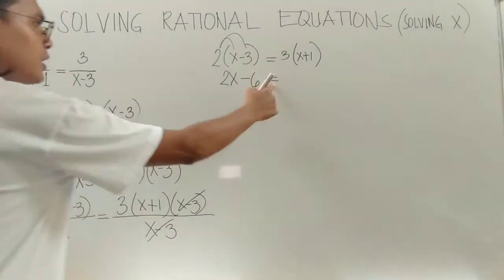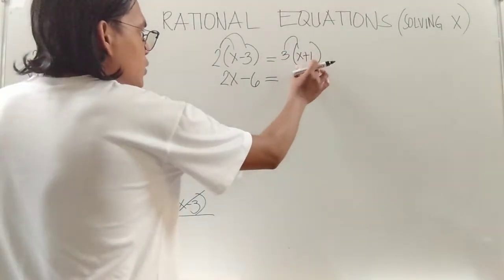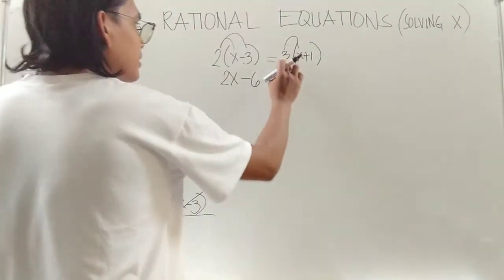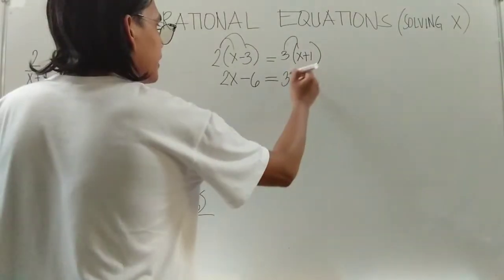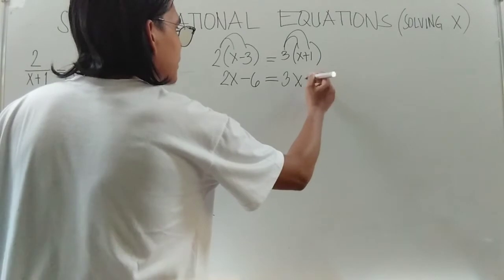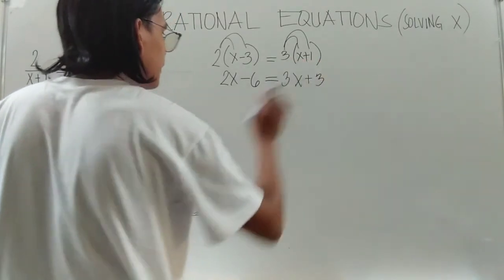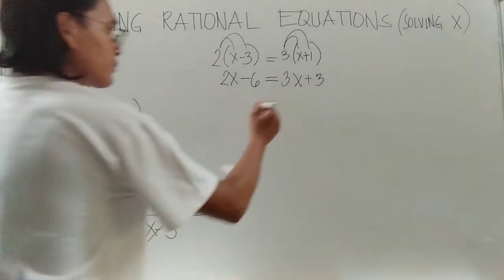Equals, then multiply 3 to the quantity of x plus 1 by the distributive property again: 3 times x is 3x, then 3 times 1 is positive 3.